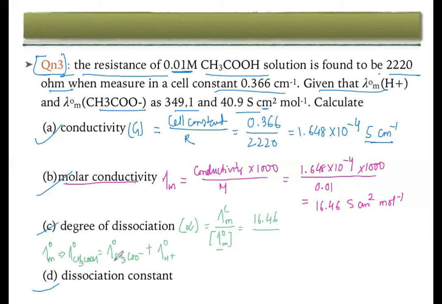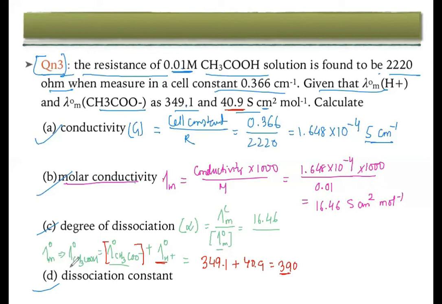As these two values are given, 40.9 and 349.1, we can express the first as 349.1 plus H plus is given as 40.9. If you add it, we'll get 390.